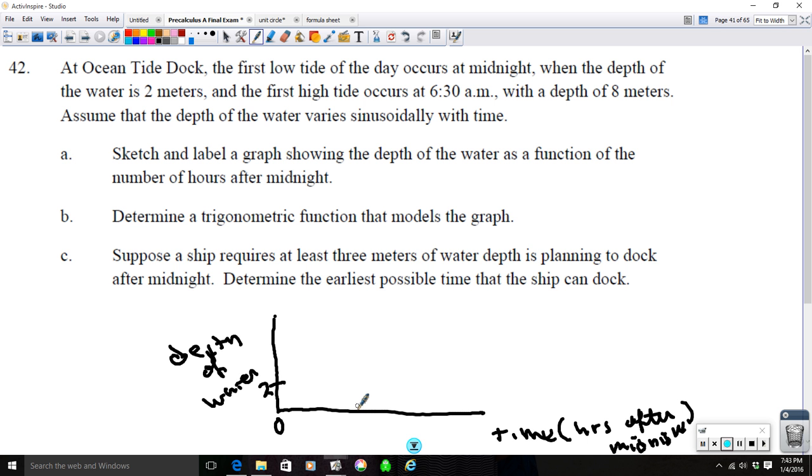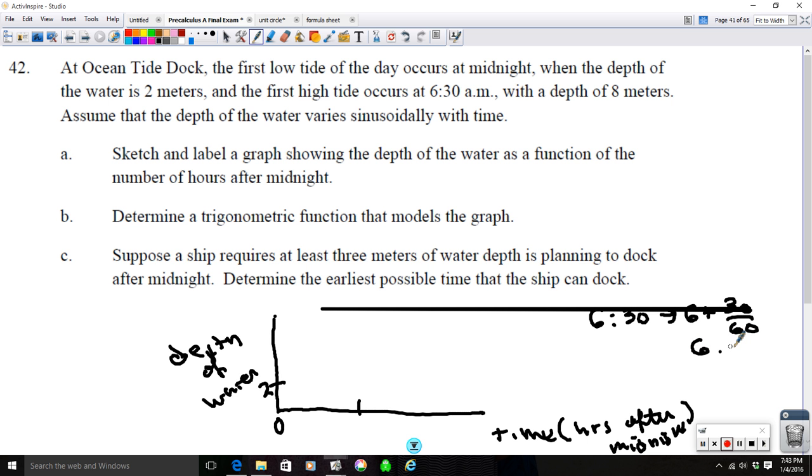At 6:30 a.m., so 6:30 a.m. is really 6 and 30 over 60, which is 6.5. So 6:30 is really at 6.5 is the first high tide.